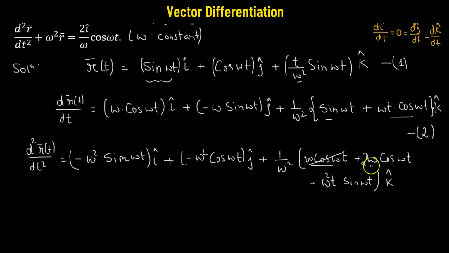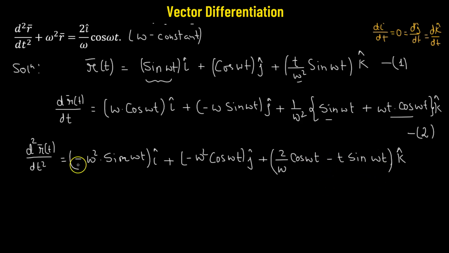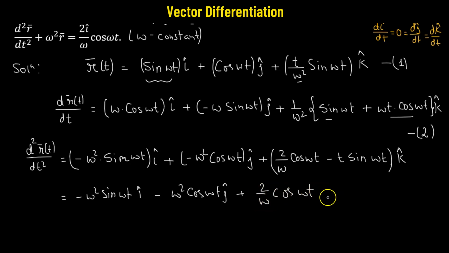These will add to become 2 omega cosine omega t. We have two terms within the parentheses, and we multiply by 1 over omega squared. So this will become 2 over omega cosine omega t, and this will simply become negative t sine omega t. Let's rewrite it: negative omega squared sine omega t i cap minus omega squared cosine omega t j cap plus 2 over omega cosine omega t minus t sine omega t, k cap, and this is also k cap.